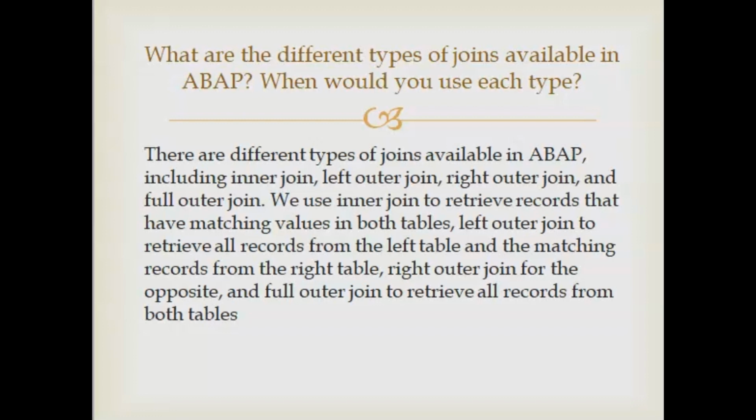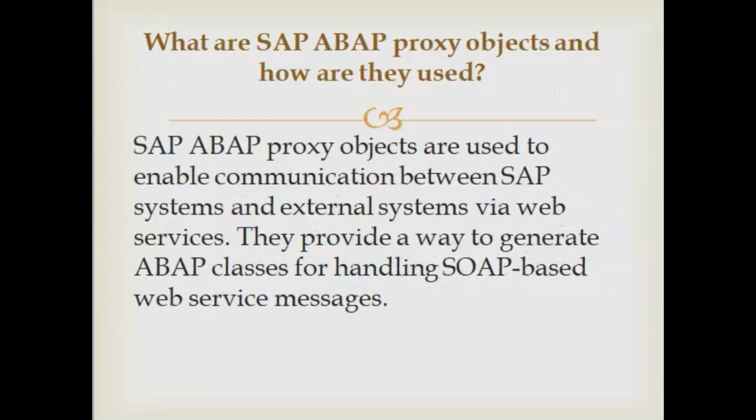Left outer join to retrieve all records from the left table and the matching records from the right table. Right outer join does the opposite. And full outer join to retrieve all records from both tables.